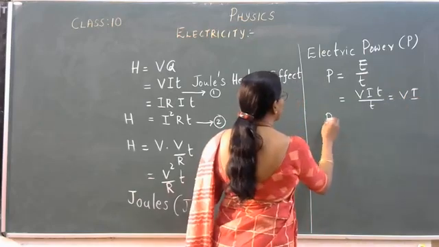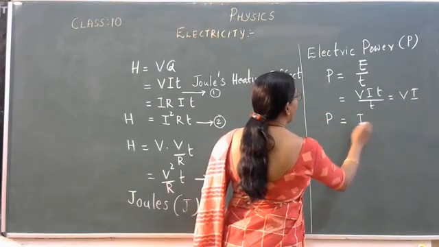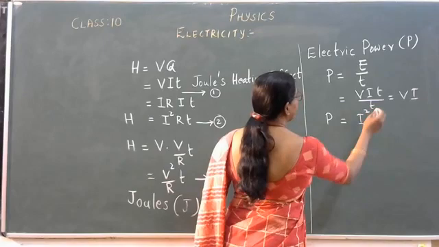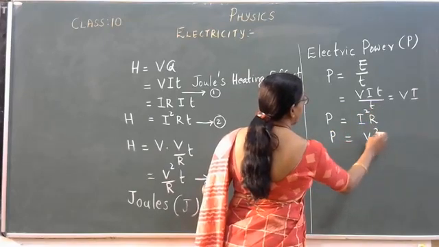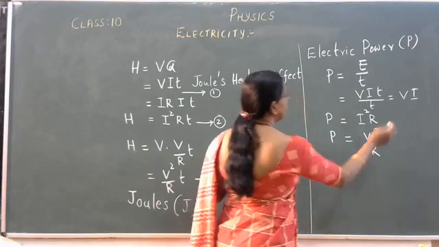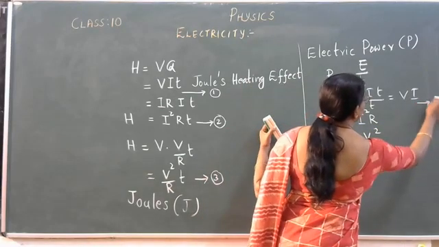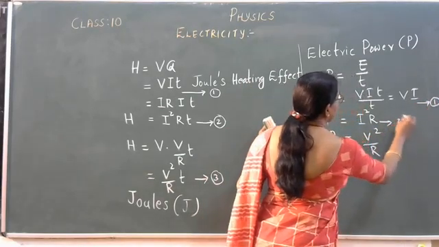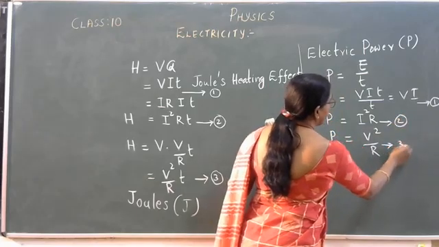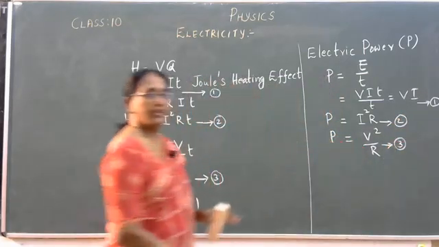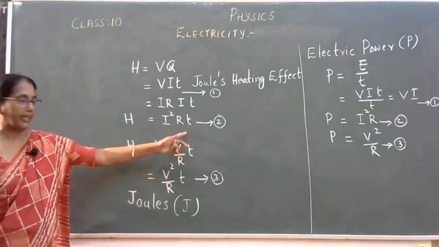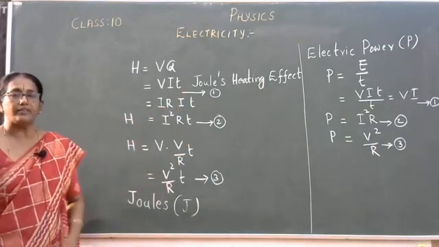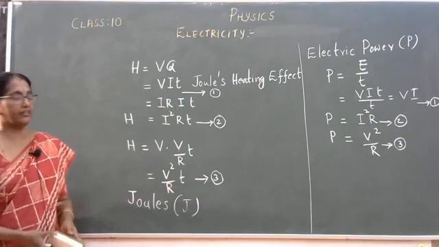Again the second equation, I square R T, we have to divide with the T. The third equation, P is equal to V square by R. So this is the first equation for power, second equation for power, and the third equation for power. So in electrical energy one T term will come there, time. If you remove time, that will become the equation for the power consumed.